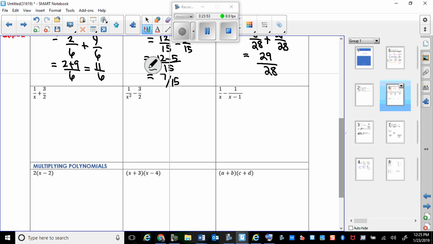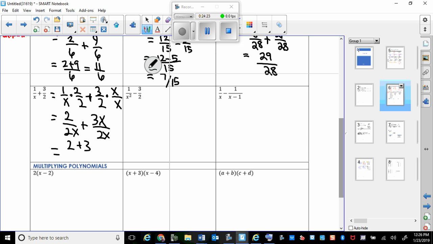Next one I have is 1 over x plus 3 over 2. This equals 1 over x times 2 over 2 plus 3 over 2 times x over x. This equals 2 over 2x plus 3x over 2x. Simplified, I have 2 plus 3x over 2x.